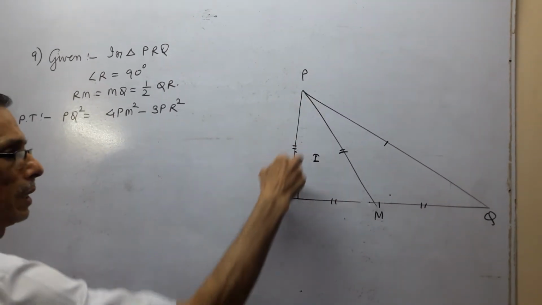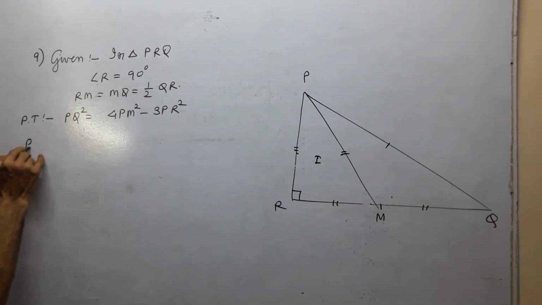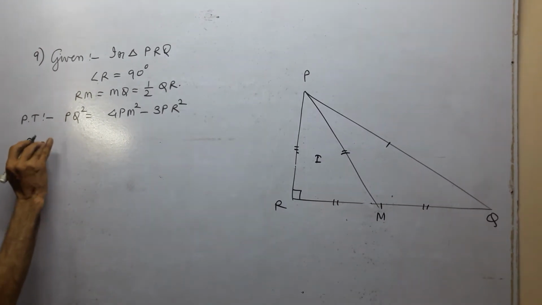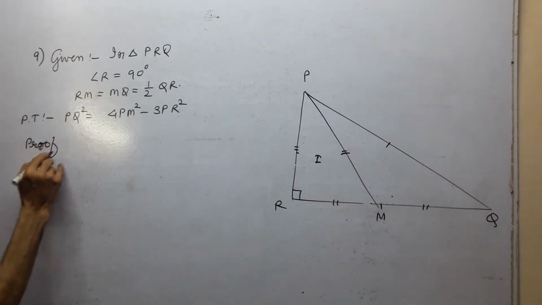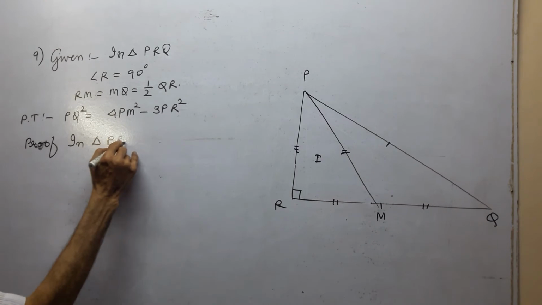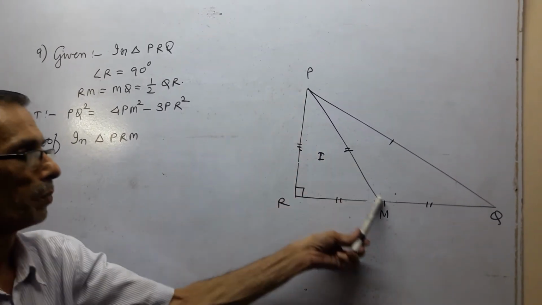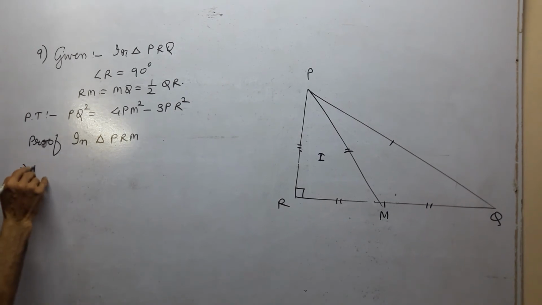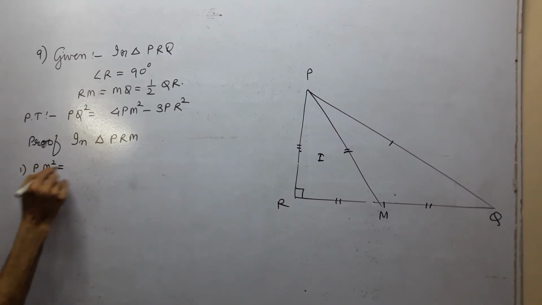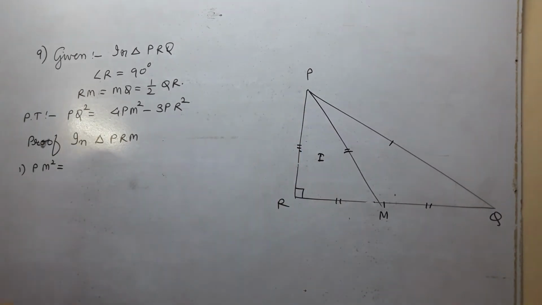So let us take first triangle PRM. In triangle PRM, PM square is equal to PR square plus RM square.